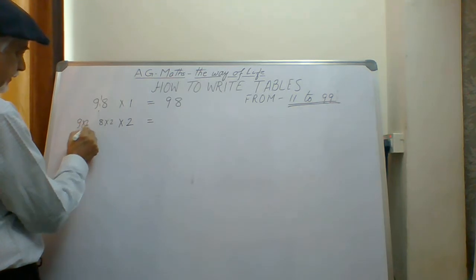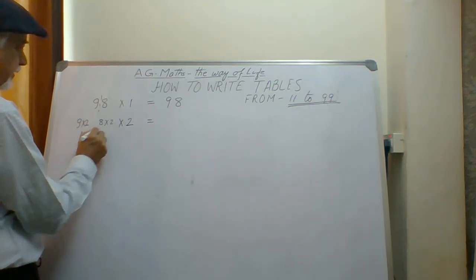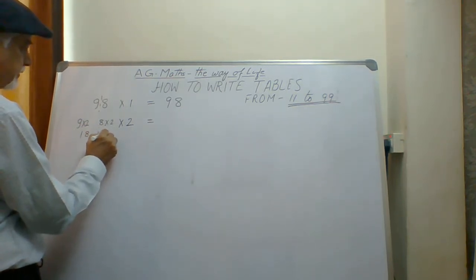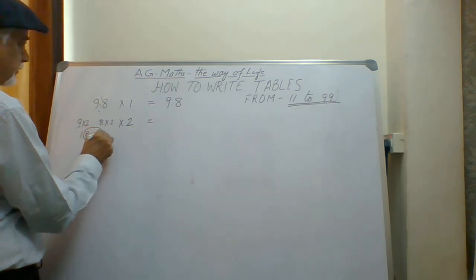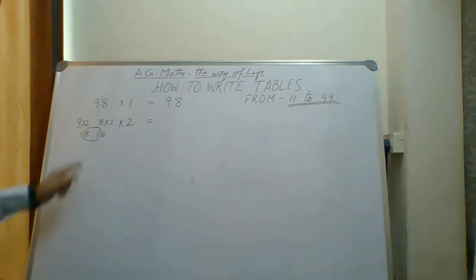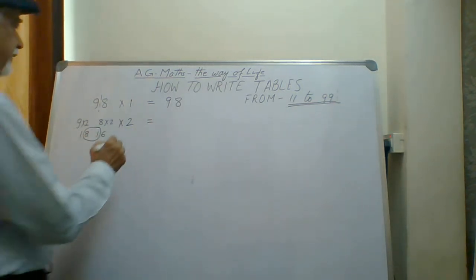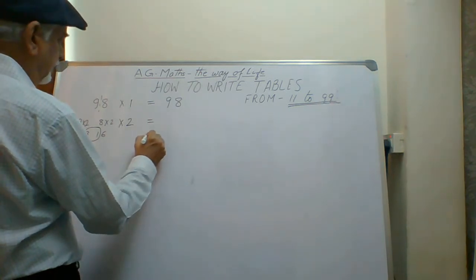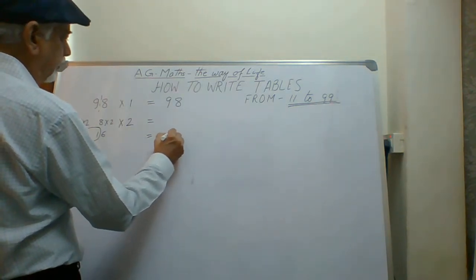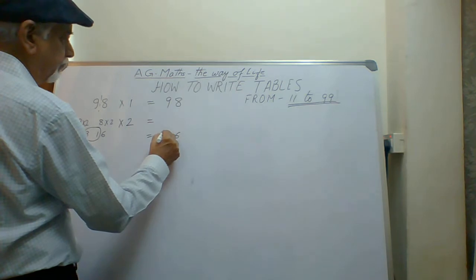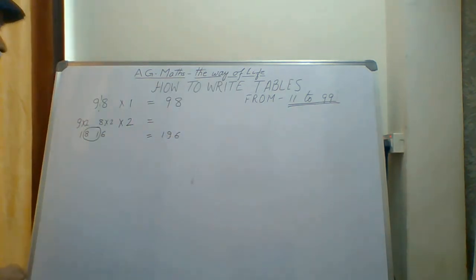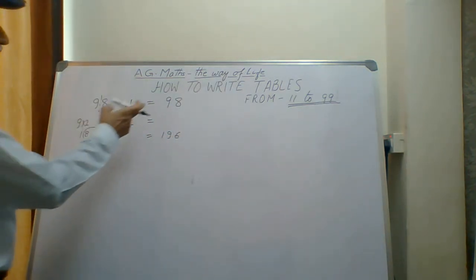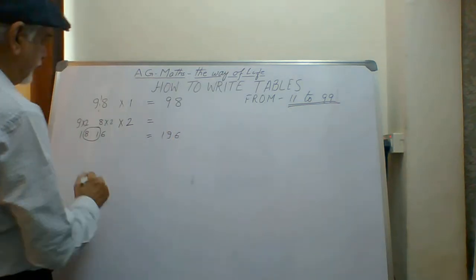Write the result of this. It is 18 and the result of this is 16. Then you add these two digits and write the answer as 1, 9 and 6. This is the 2 times of 98. You can verify it. 98 into 2 is 196.